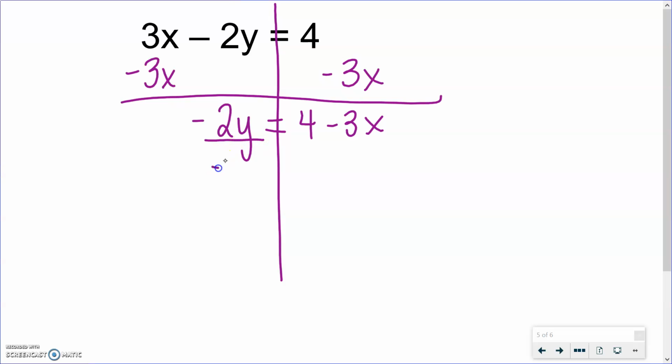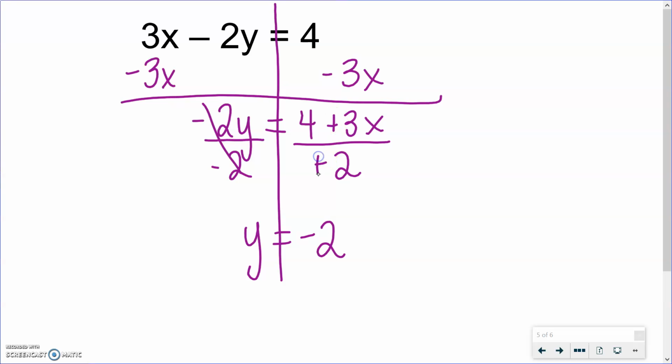We're going to divide by the coefficient on our y, which is negative 2. Those cancel out, and I get y equals 4 divided by negative 2 is negative 2. And then negative 3 divided by negative 2 becomes positive.